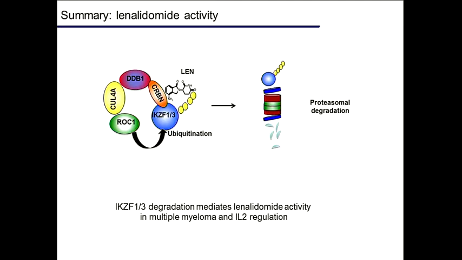And we found that IKZF1 and IKZF3 are essential for the survival of multiple myeloma cells. They're lymphoid transcription factors that myeloma cells are addicted to, and their loss leads to killing of the myeloma cells. And they are also key regulators of IL-2 expression, and so this effect also explains the effects of these drugs on interleukin-2 induction.